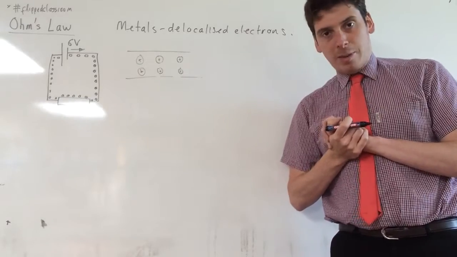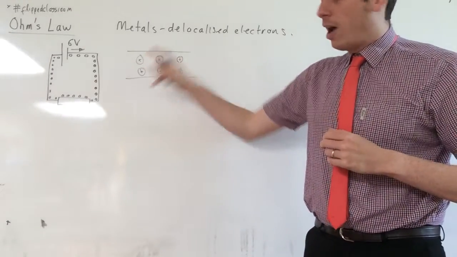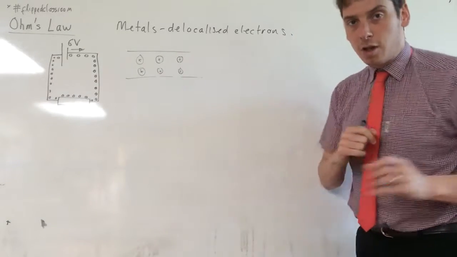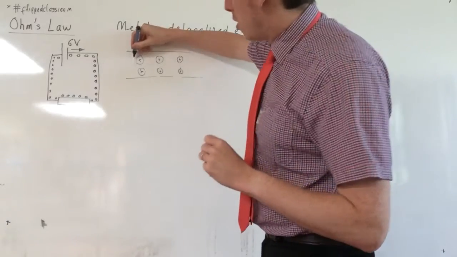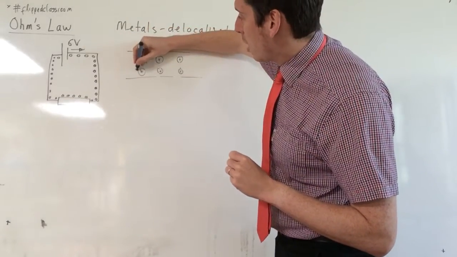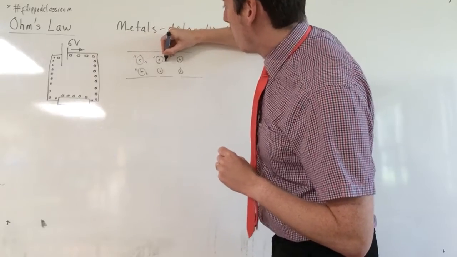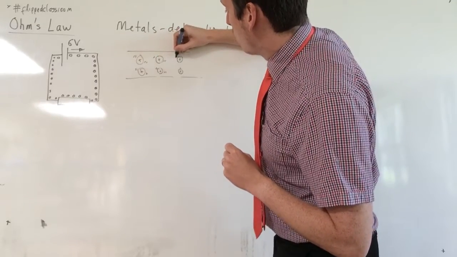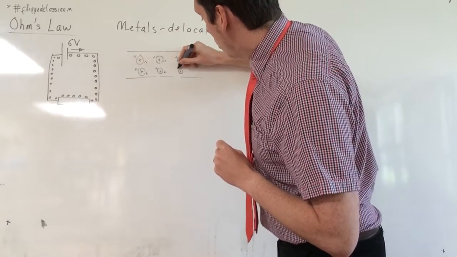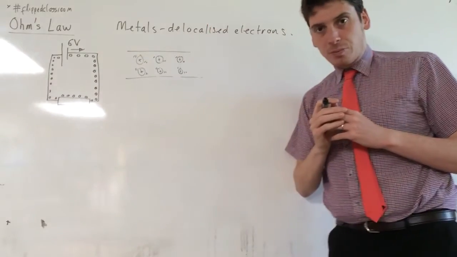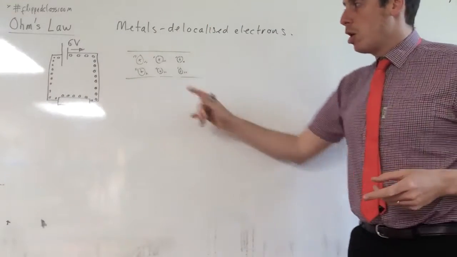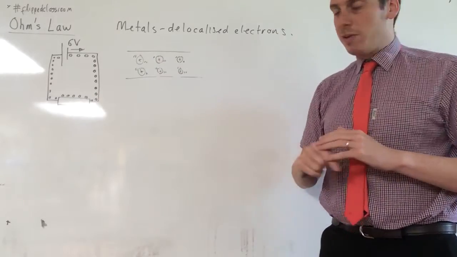Think about that. You're going to have a higher amount of thermal energy, and because of that these are going to gain kinetic energy and vibrate more. Now, if your electrons are trying to get through, you've got a bigger obstacle because these are moving more.